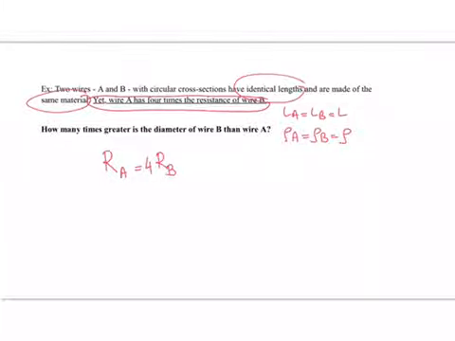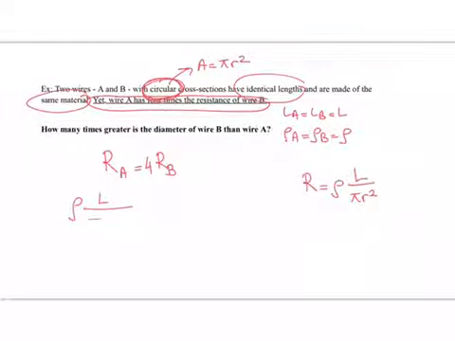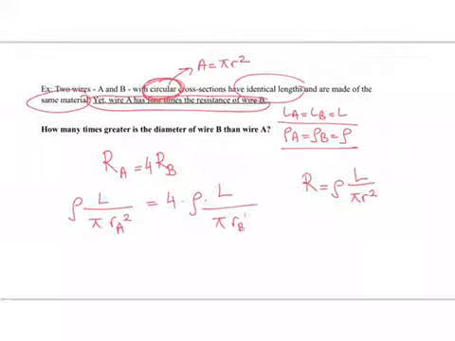Now let's put in the formula. We know that the resistance is equal to resistivity times length over the thickness, which is equal to pi r squared, because it has been said that it has a circular cross section. So the cross-section area is the area of the circle, pi r squared. So rho times L over pi times rA squared is equal to 4 times rho, times the length of B, you know that they are equal, over pi times rB squared.